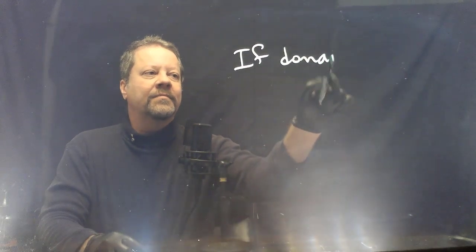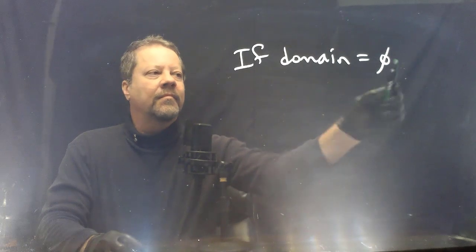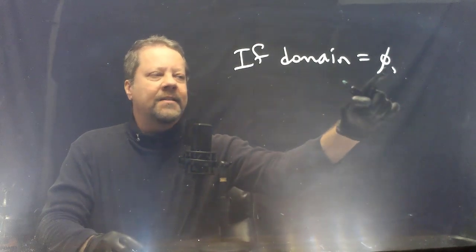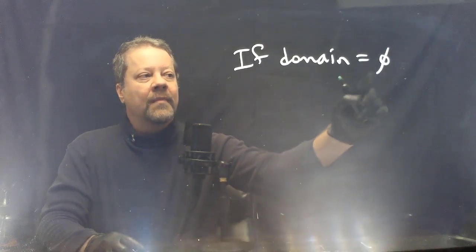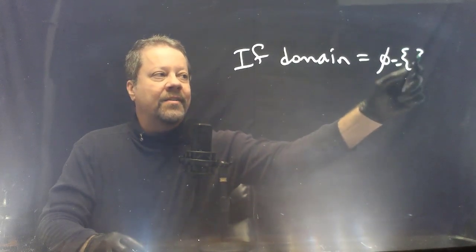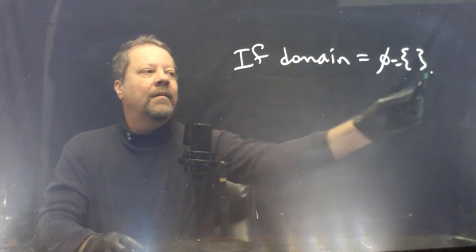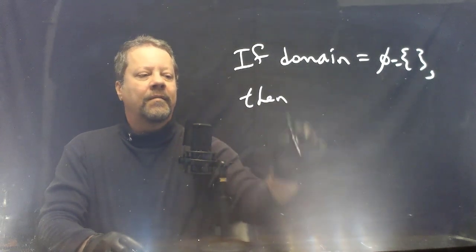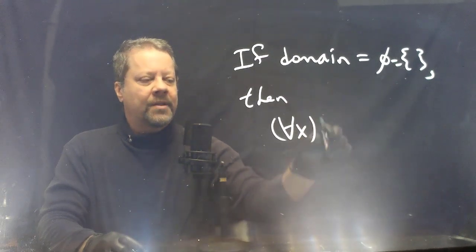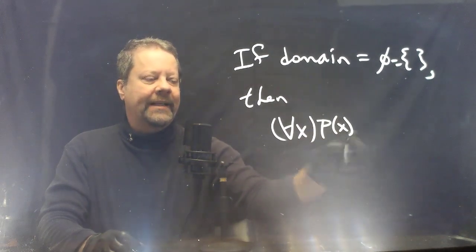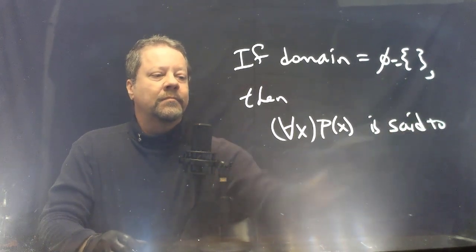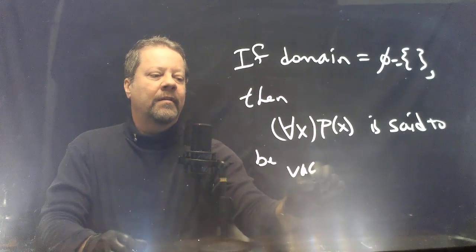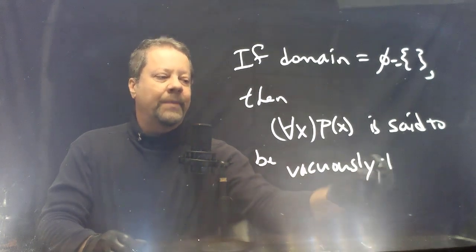If the domain is empty, the empty set, this symbol in mathematics is reserved for the empty set, the set that has no elements, then such a universal quantification for some predicate is said to be vacuously true.